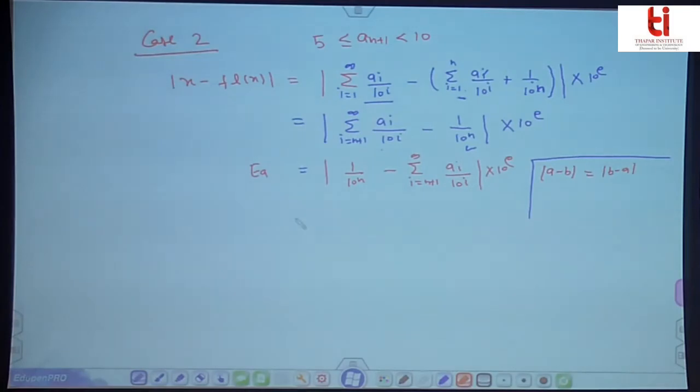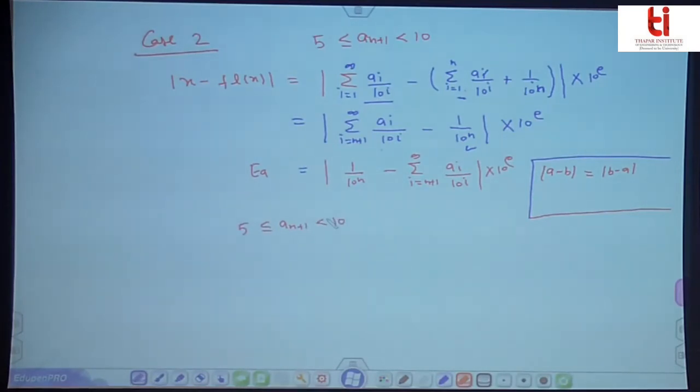Okay, so we can write it here 1 upon 10 raised to power n minus, so there is a condition for a n plus 1. What condition is given to you for a n plus 1? A n plus 1 is greater than equal to 5, less than 10.